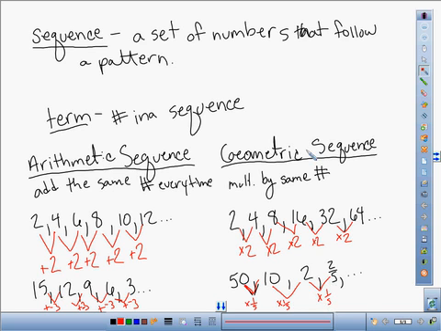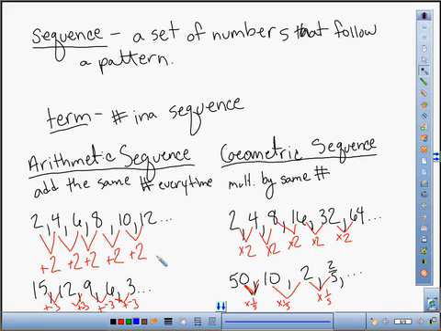All right. So a couple of quick vocabulary words to go on top of this. In an arithmetic sequence, we're adding the same number every time. That number that we're adding is called the common difference. It's the number that's getting added each time. It's the difference between all of the numbers. It's what they all have in common. They're the same distance apart.